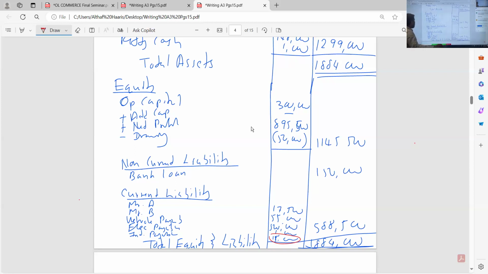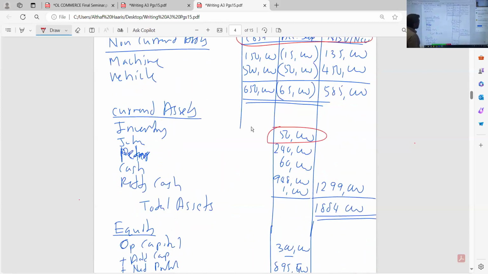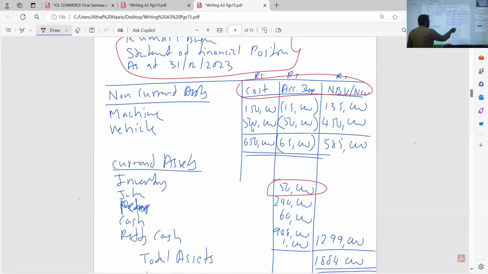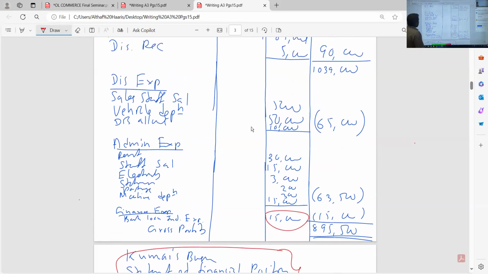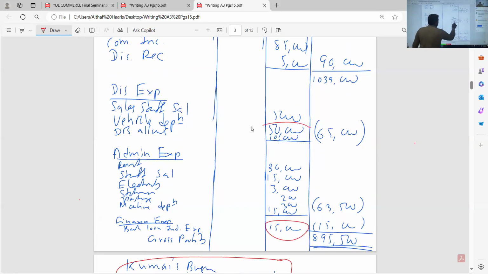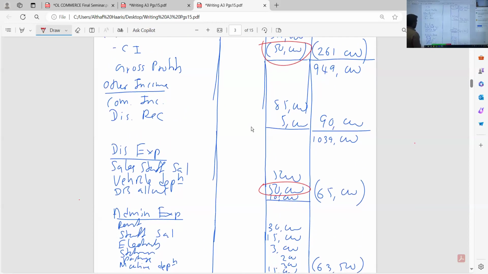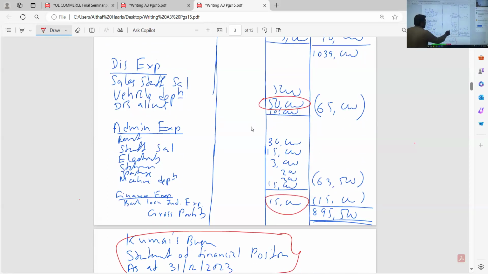And the depreciation, this one half a mark sure. This one depreciation half a mark sure. And here under your machine depreciation half a mark sure.